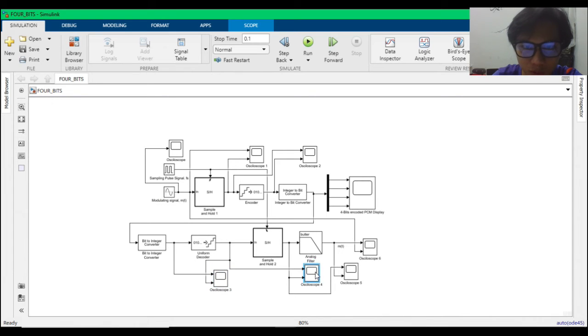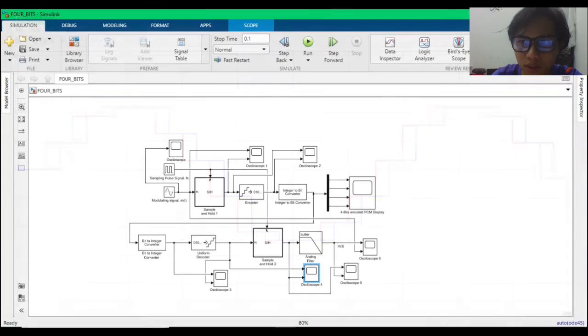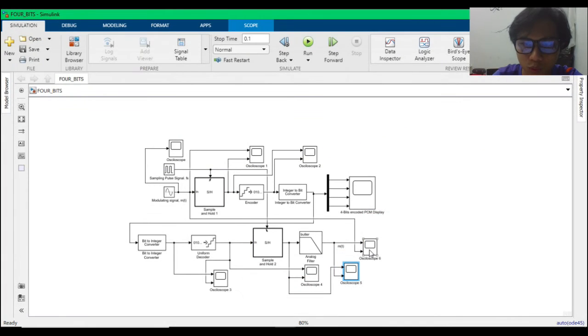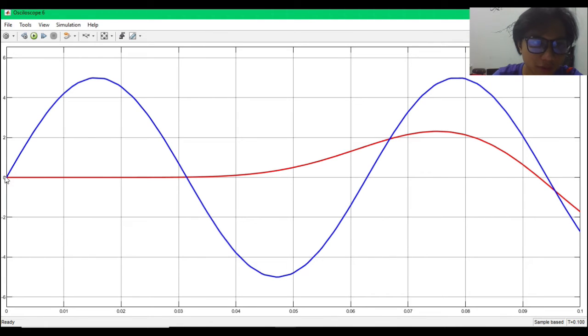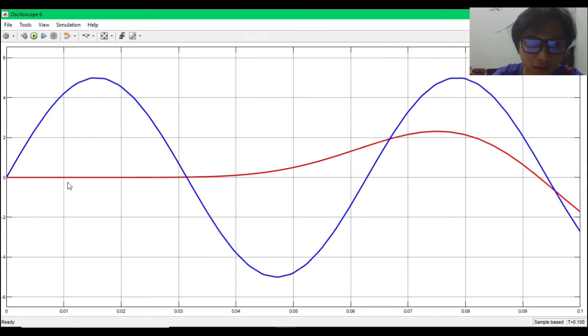After sample and hold, they are different between these. Then after the filter, from the quantization it is back to the wave, and what we want to see is the recovery. This is the input for the modulating signal, and the red line is the recovery.